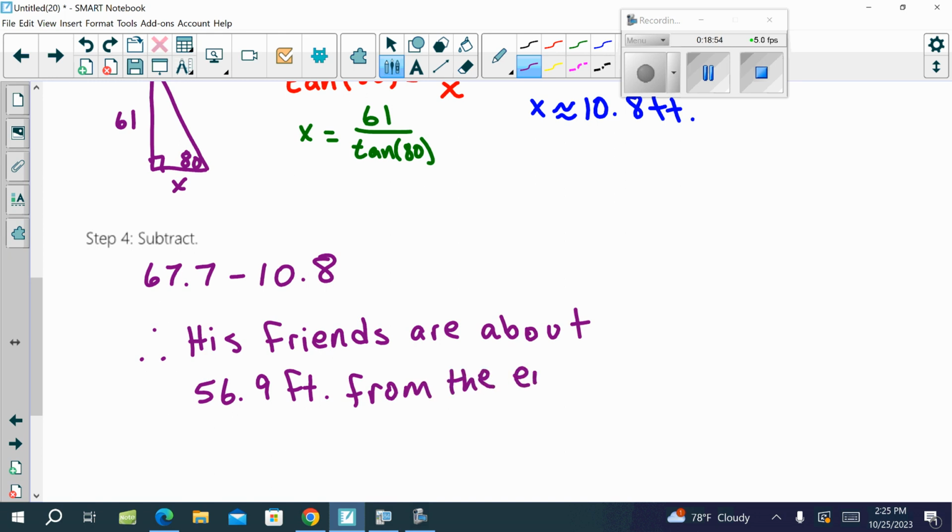We'll go 57. All right, do we have any questions over that? So it does say round to the nearest foot? Okay, so 57 feet.